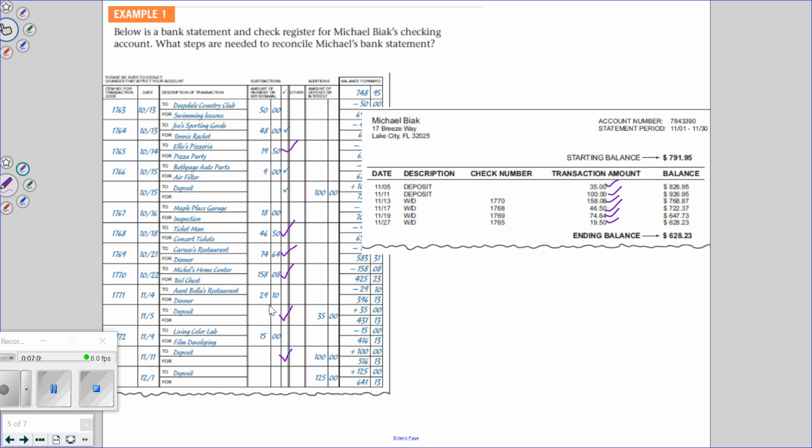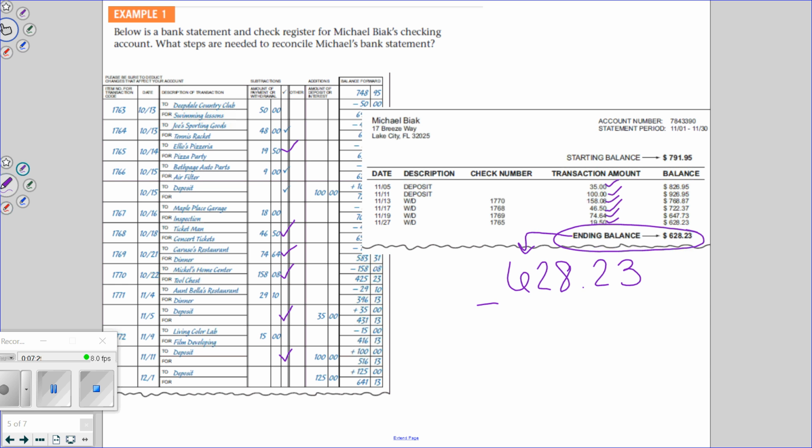The ending balance on my bank account statement is where we always start. Now, the ending balance isn't always right at the bottom. Sometimes it's at the very top of the statement, depending on how your bank sets things up. But we're always going to start with that. So 628.23, right? That's your ending balance.